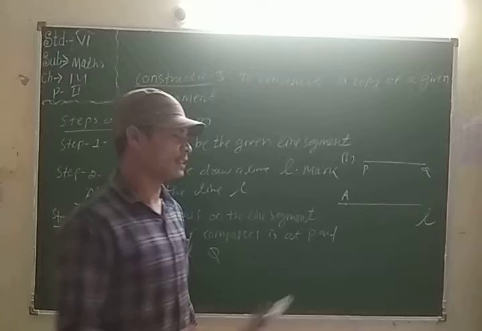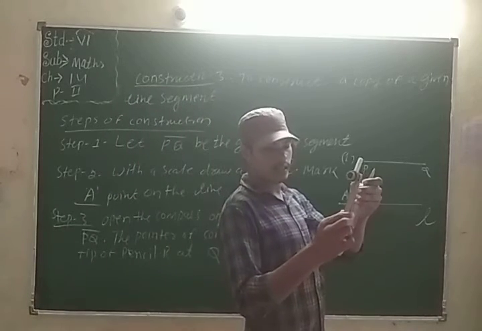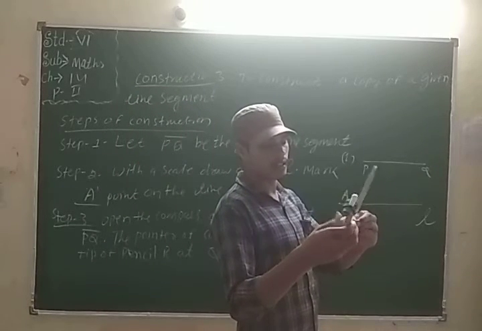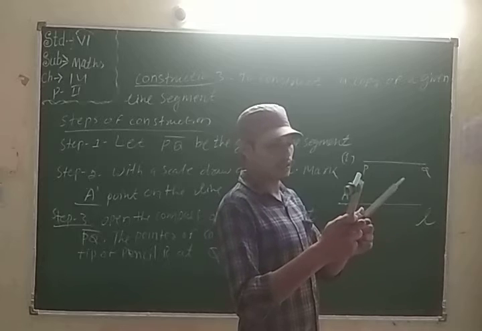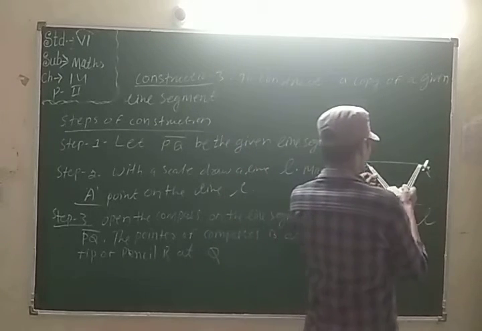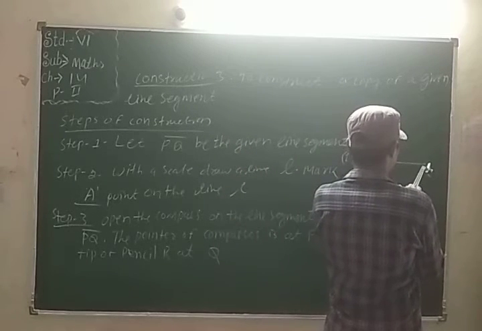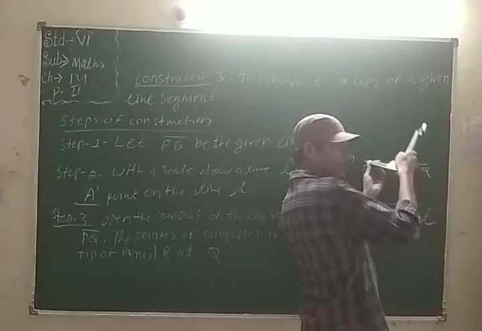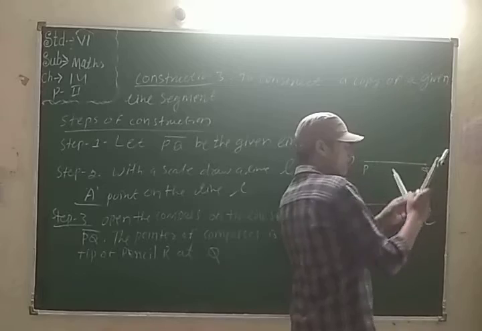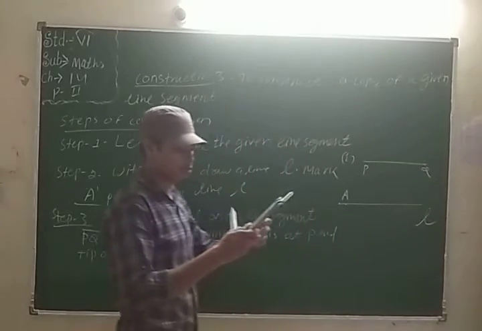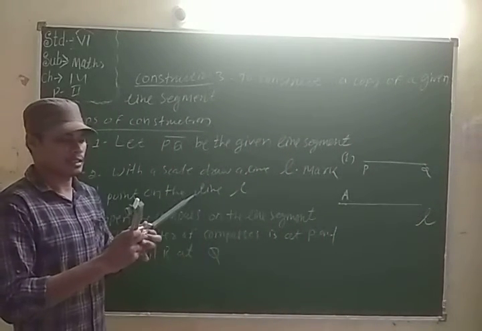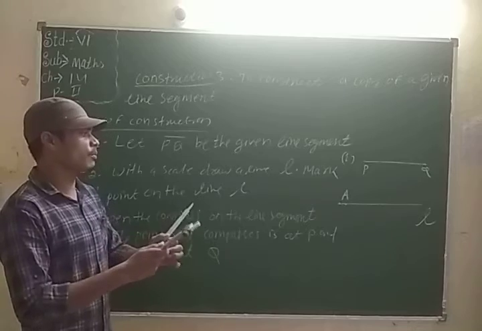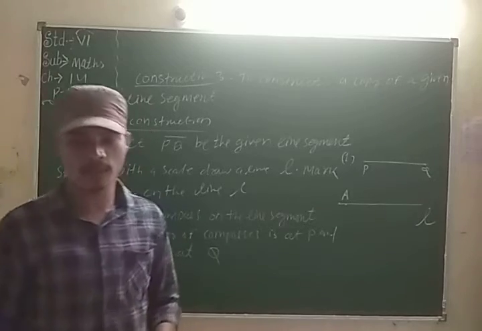Here is the line segment. We take the compass and open it like this. After opening it, we put the pointer on P, and the pencil tip is at Q. Like this, P and Q. Now after P and Q is completed, what is the last step?